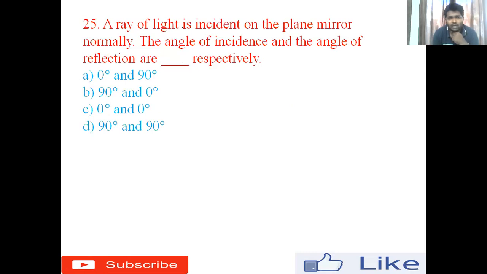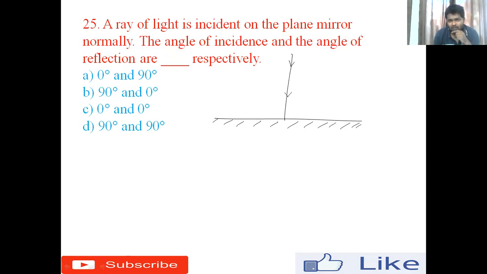25th one, a ray of light is incident on a plane mirror normally. The angle of incidence and angle of reflection are dash respectively. Let me say this is the plane mirror, and this is the normal.